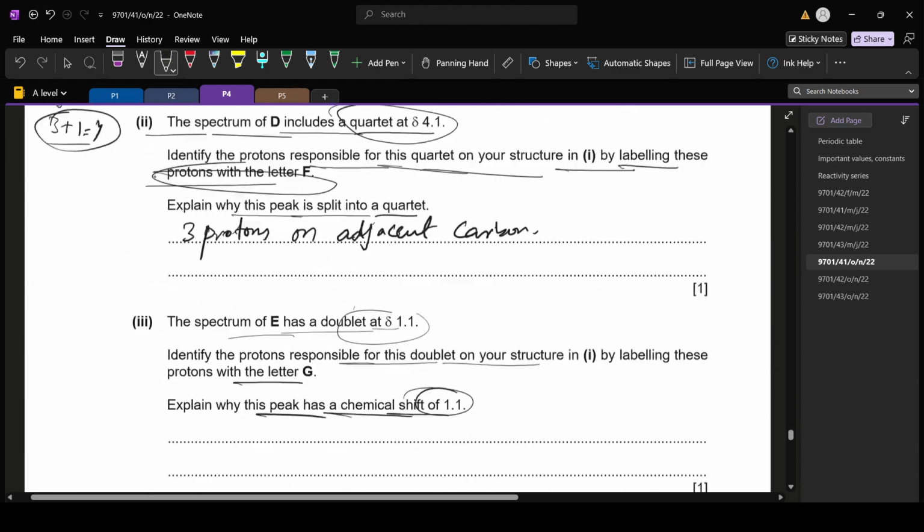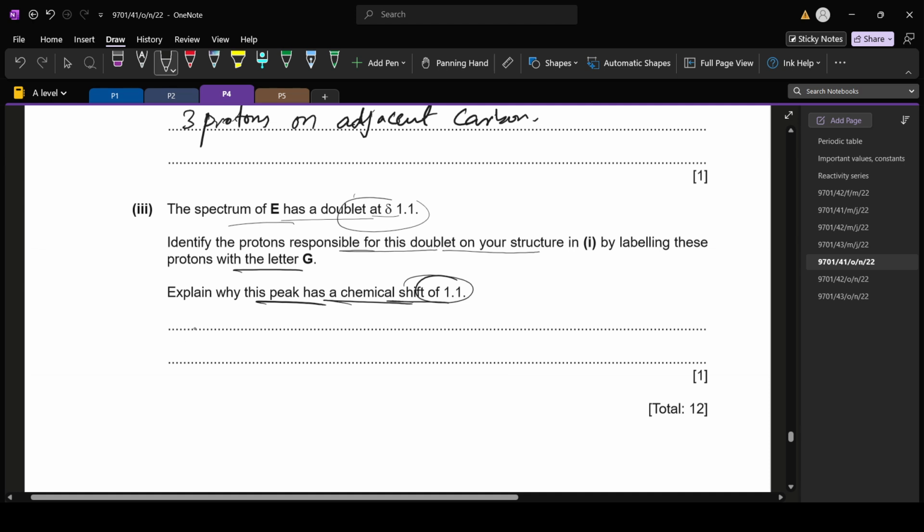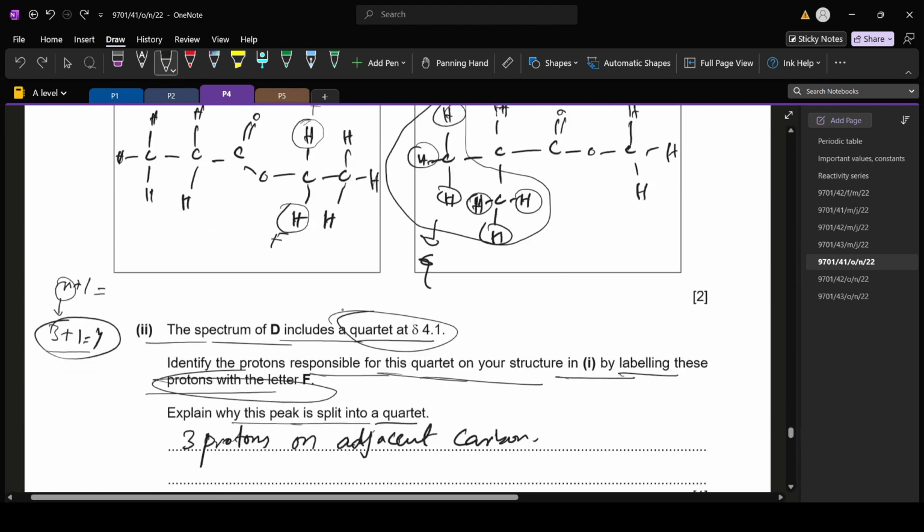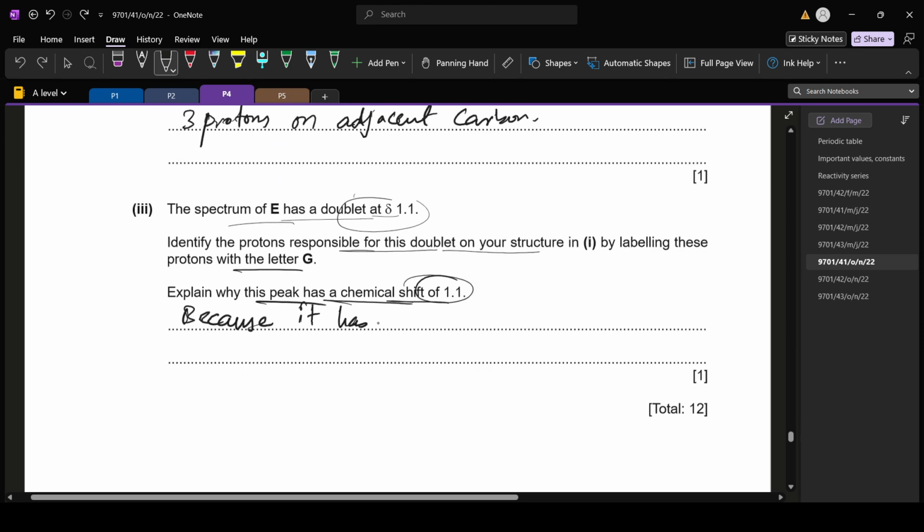So you can say that it has an alkane environment.